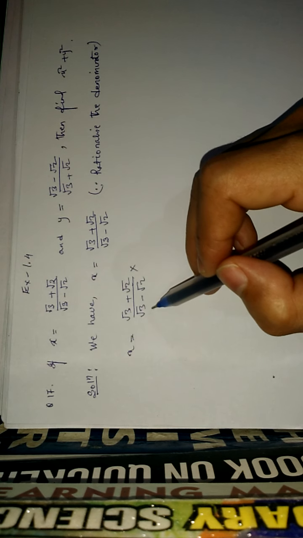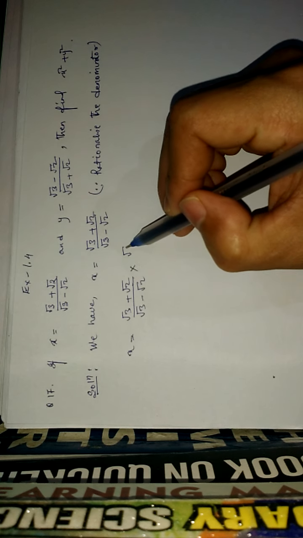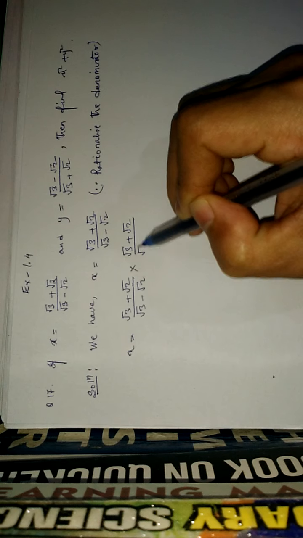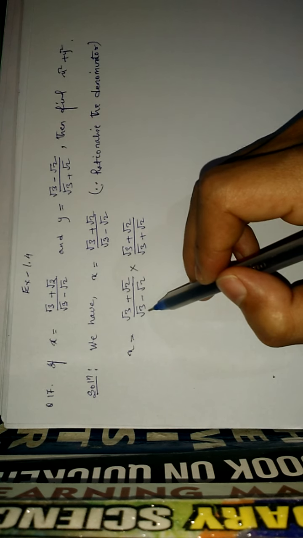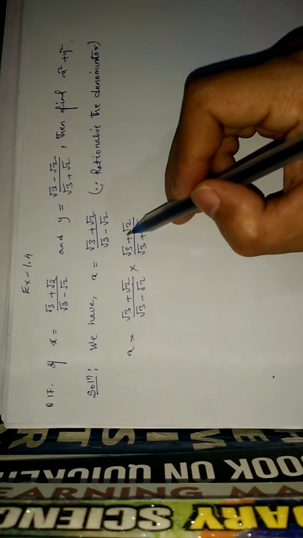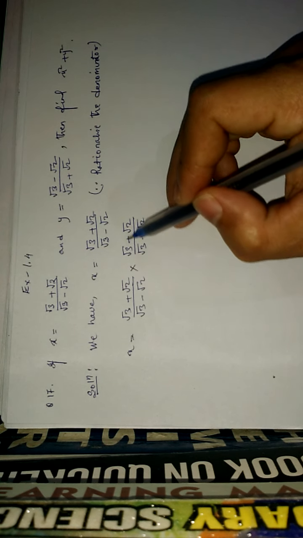In this case, our rationalizing factor will be root 3 plus root 2. Root 3 plus root 2 by root 3 plus root 2. As at the denominator we have root 3 minus root 2, the opposite sign is plus, so it became root 3 plus root 2, rationalizing factor.